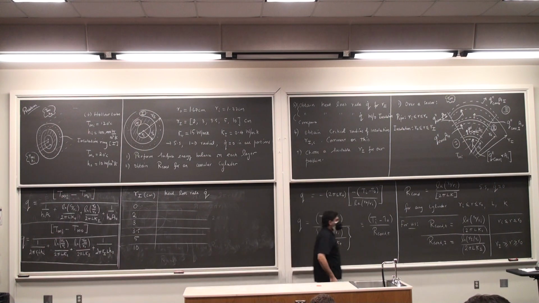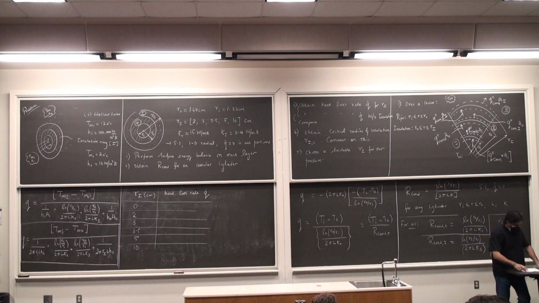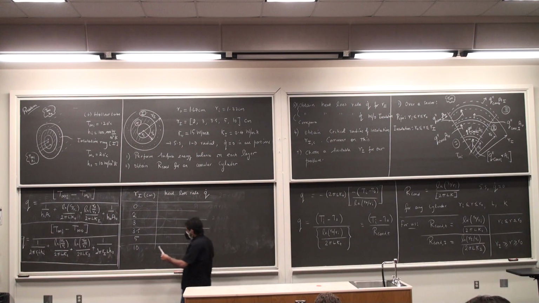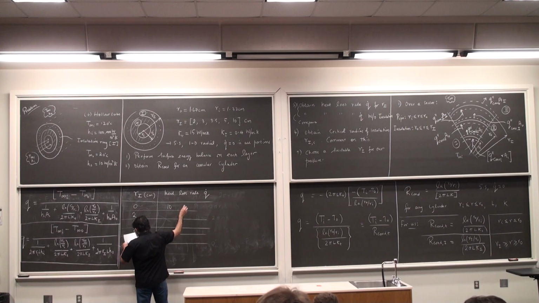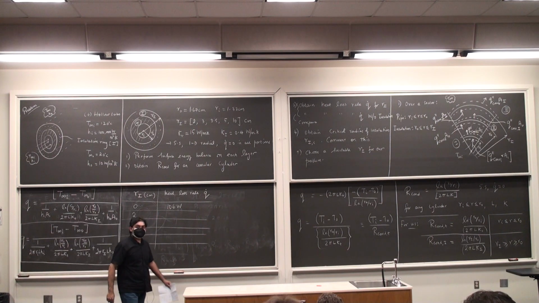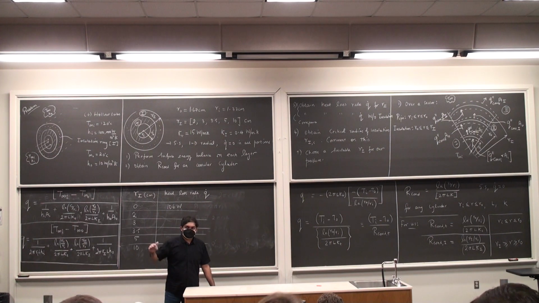And here are the values. This is what is called as a design problem, right? 106 watts without any insulation. What do you think is going to happen if I add insulation? It's going to go down? Are you sure?